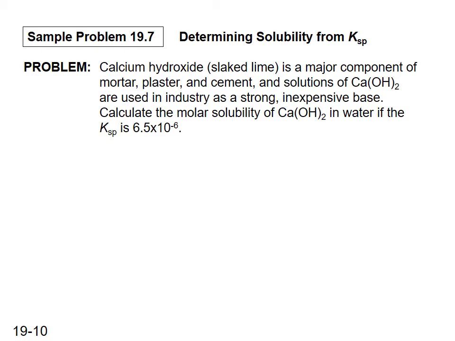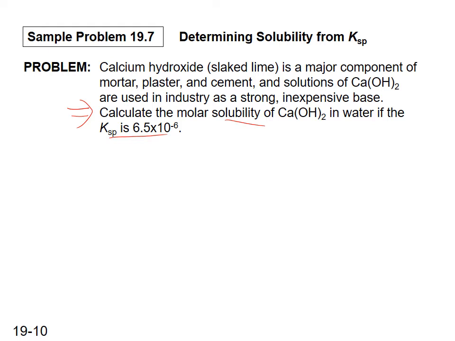Sample problem 19.7. This question asks you to calculate the molar solubility of calcium hydroxide in water if Ksp is given. So compare with the last question. In the last question, we know the solubility and calculate the Ksp, which is straightforward. In this question, we know Ksp, we want to calculate the solubility.